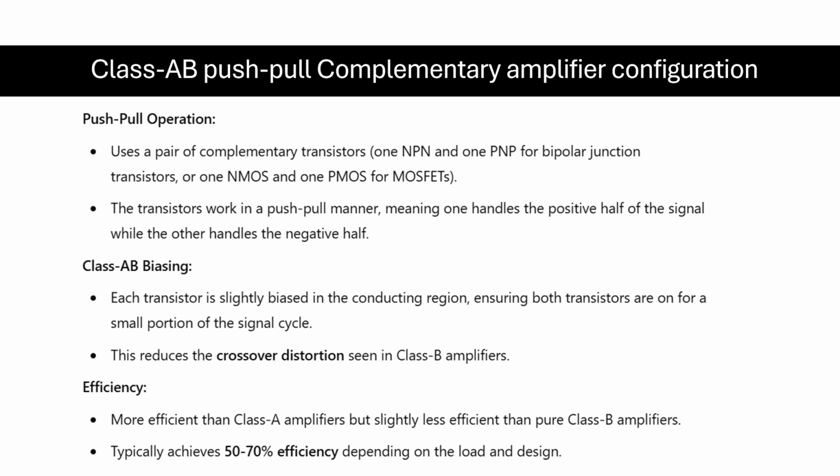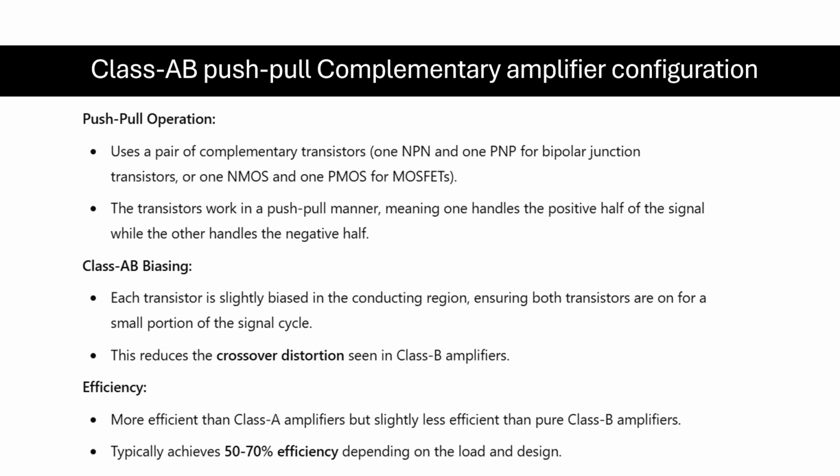Some more things about the class AB amplifier. First is why this is called the push-pull complementary amplifier configuration. Since it has a pair of complementary transistors, that is PNP and NPN, as you saw in the design, that's why it is called push-pull. Also, a similar design can be used for a MOSFET based class AB power amplifier.